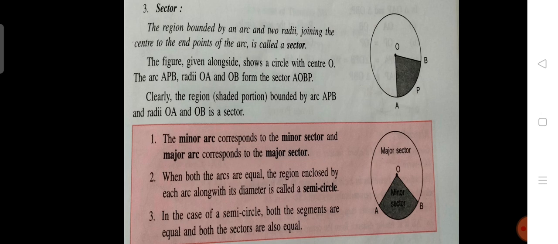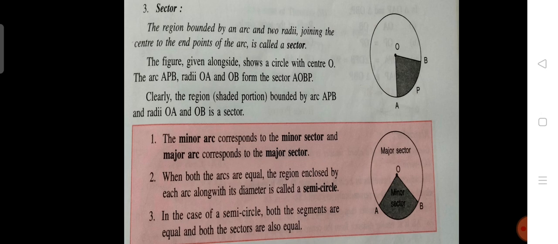When the two radii are drawn, that shaded portion, AOBP, is the sector. OA and OB are the radii and APB is the arc, so that portion is the sector of a circle.